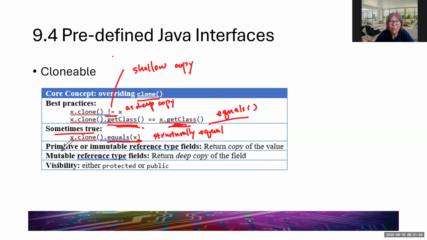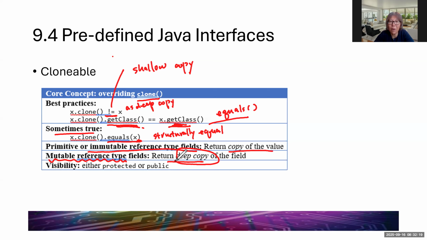There is something we need to pay attention to. For primitive or immutable reference types, we just return a copy of the value. But for mutable reference types, we need to return a deep copy.